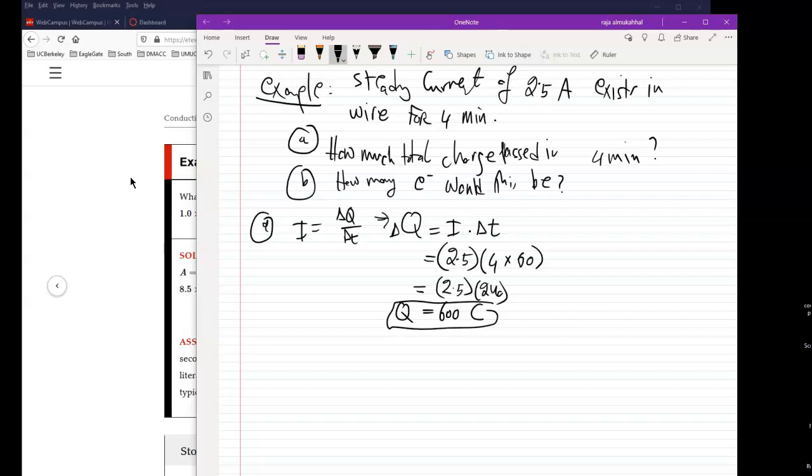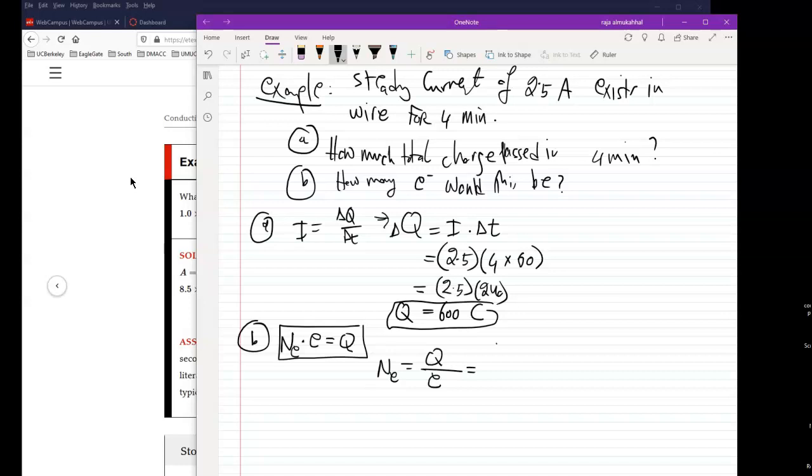Now part B asks, how many electrons would this be? How do we do that? Well, we know that the number of electrons times the fundamental charge gives me the charge. We've done this formula before. He's looking for n sub e, which is the charge divided by the fundamental charge.